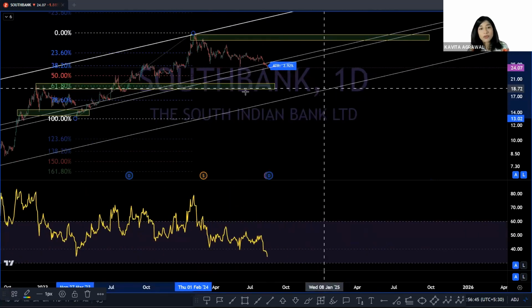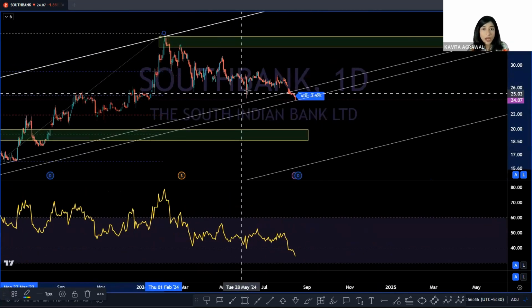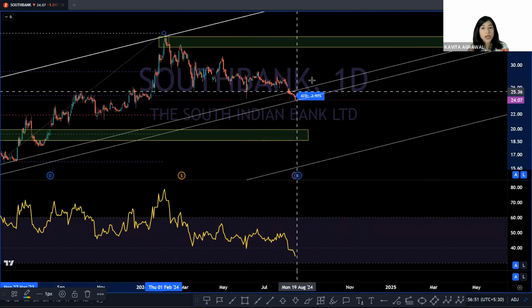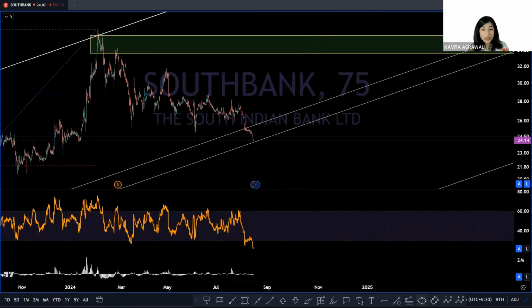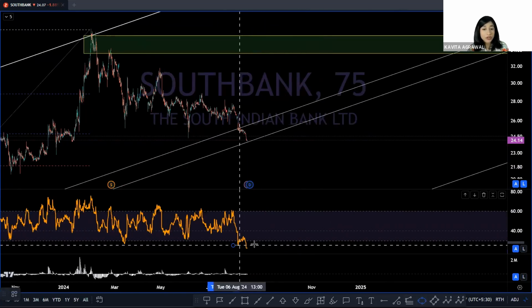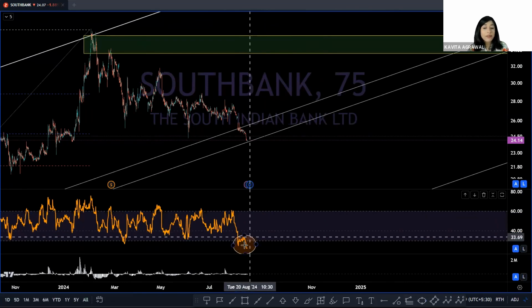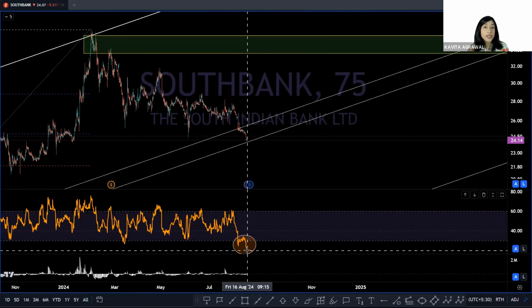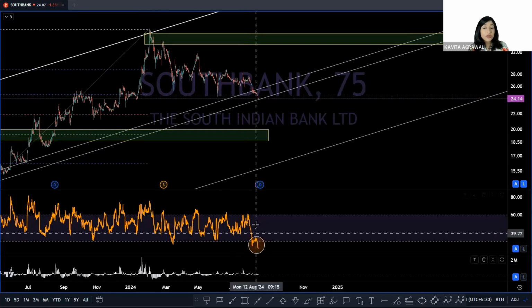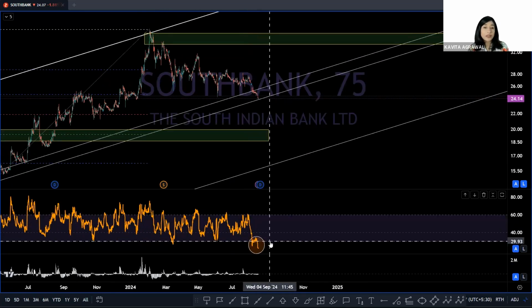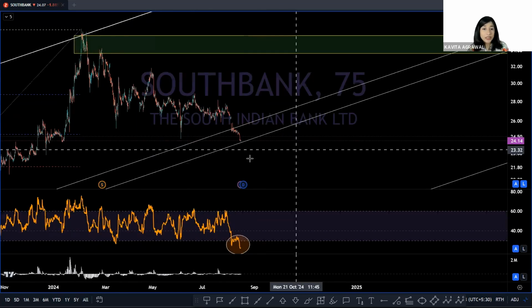But honestly, with respect to South Bank, until and unless the stock starts establishing higher highs, I would not recommend further allocations here. In fact, on the 75-minute time frame, the RSI is showing a negative range shift, which is an indication that the correction can actually continue.